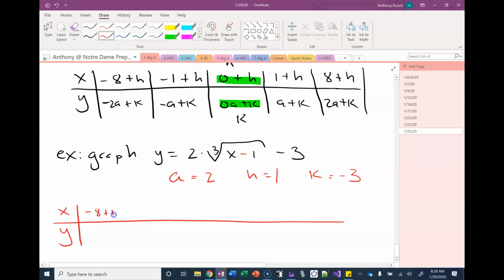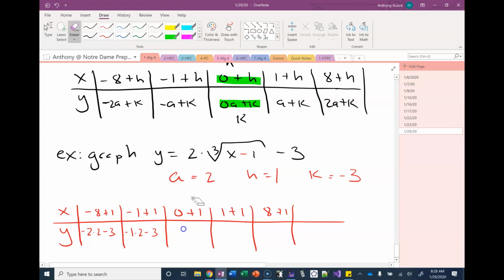So I have negative 8 plus 1, negative 1 plus 1, 0 plus 1, 1 plus 1, and 8 plus 1. Then I have negative 2 times 2 plus negative 3, negative 1 times 2 plus negative 3, 0 times 2 plus negative 3, and then positive 1 times 2 plus negative 3, and positive 2 times 2 plus negative 3.